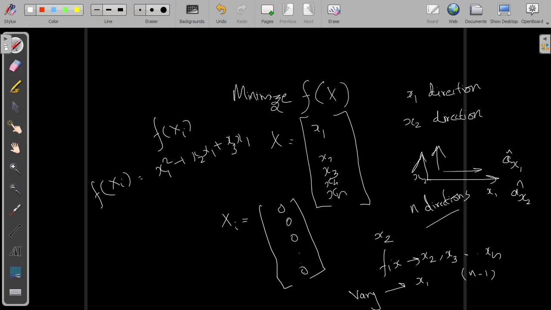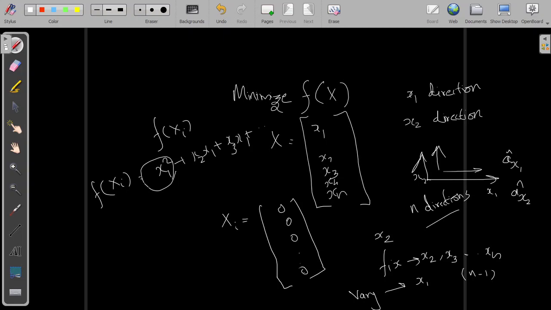Here x2, x3, etc., xn are fixed values, and we are varying only one variable at a time, that is x1. So the entire problem is reduced to a one-dimensional optimization problem.